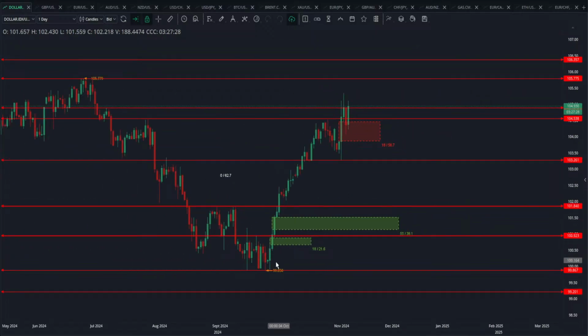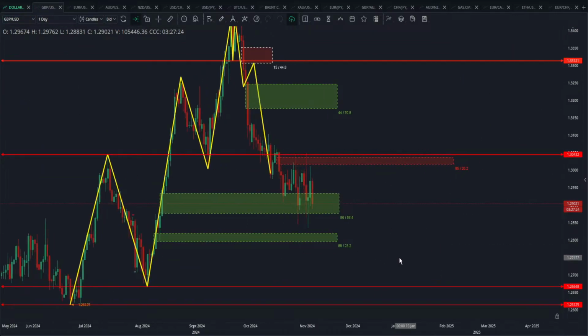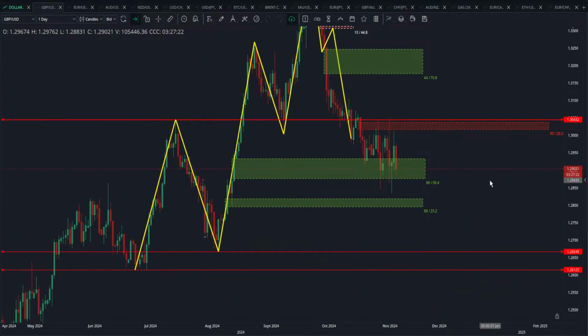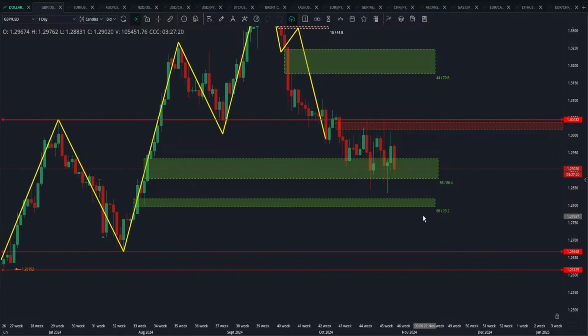So in a nutshell, the US dollar is going higher. Where will the GBP USD go? Cable. So the cable is bound to go lower if the US dollar is rising. But the problem is that on the way down, there is a fair value gap in the cable also. So it is going here and there. It is going nowhere. Although the candle is red on the daily, it has got stuck in between this fair value gap.